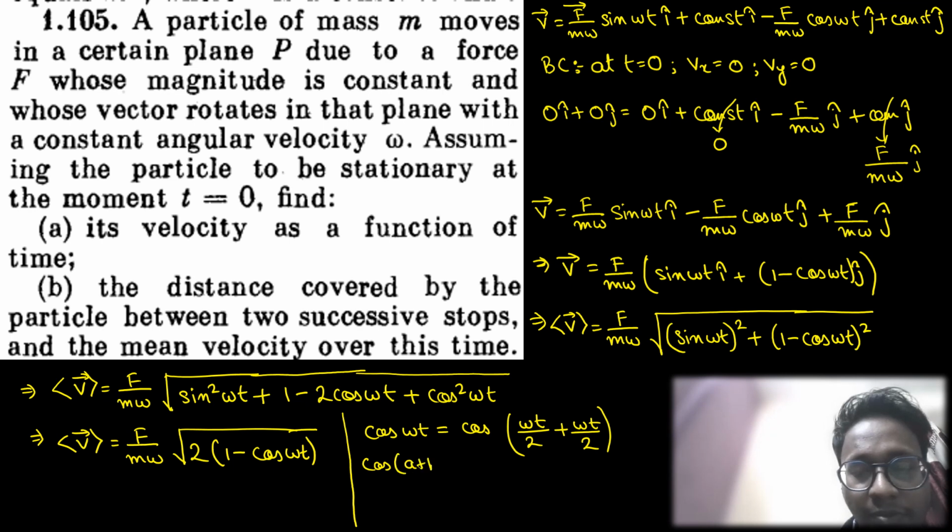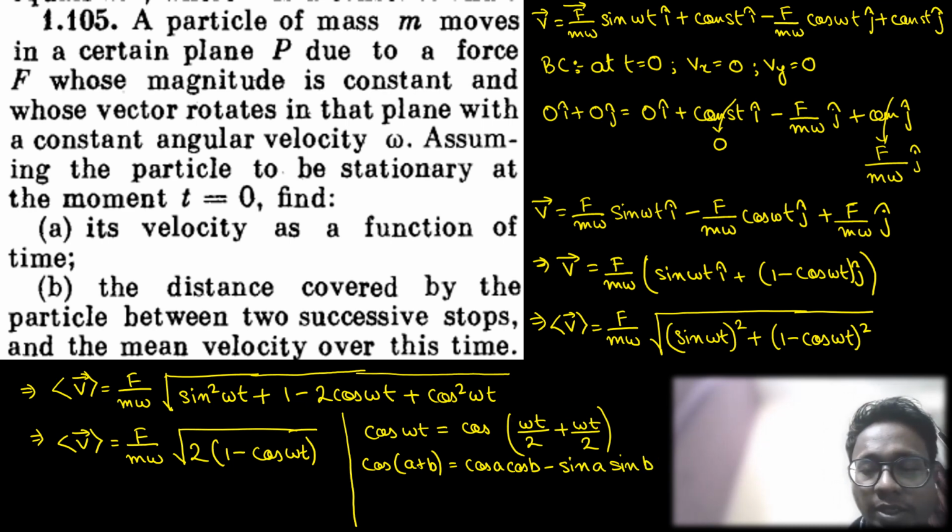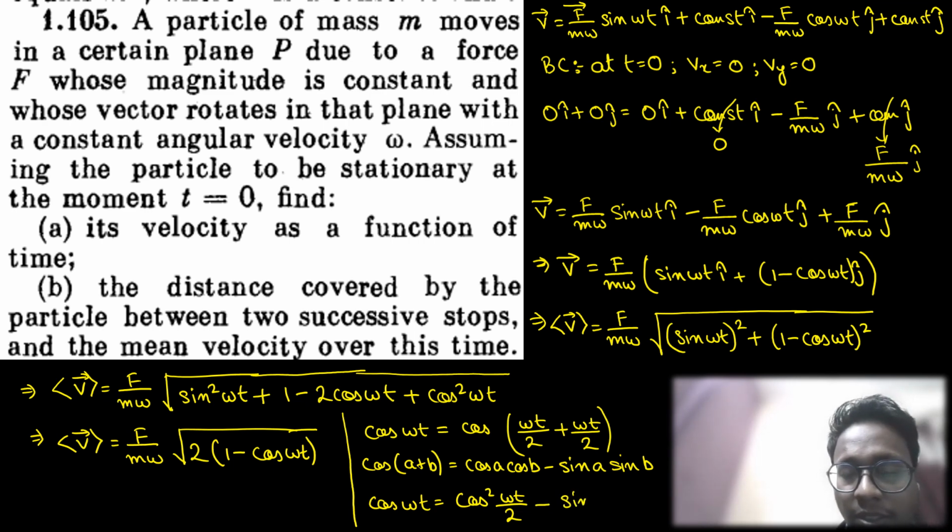Cos a plus b from trigonometry is nothing but cos a cos b minus sin a sin b. If we apply that formula here, cos omega t is equal to cos a cos b: cos omega t by 2 into cos omega t by 2 is nothing but cos square omega t by 2, minus sin omega t by 2 into sin omega t by 2, sin square omega t by 2.